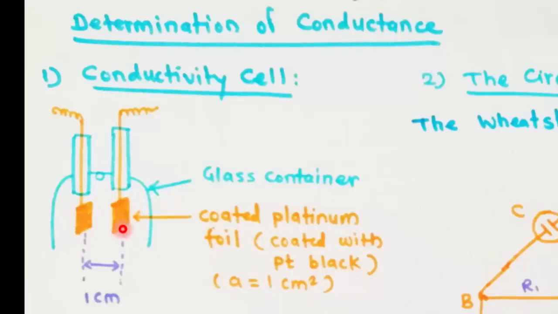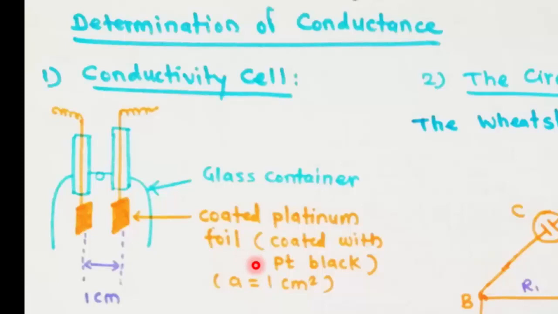The yellow color is showing the platinum foil, and this platinum foil is coated with platinum black. Now what is platinum black? The platinum foil is coated with small particles of platinum, and it appears black colored, so it is called platinum black.